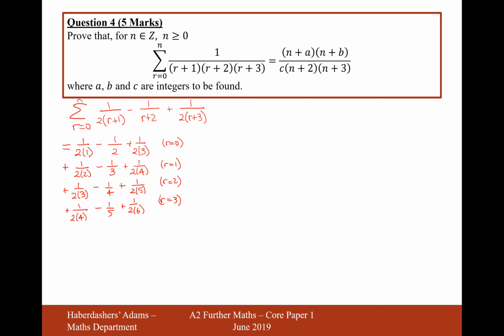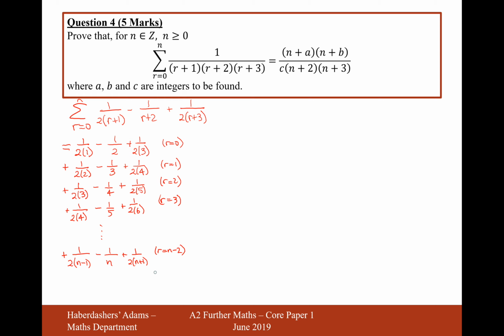Now let's do dot dot dot. Let's substitute in some r equals n minus 2 now. So we're going to get plus 1 over 2 times (n minus 2), so that would be n minus 1, minus 1 over n, plus 1 over 2 times (n plus 1).